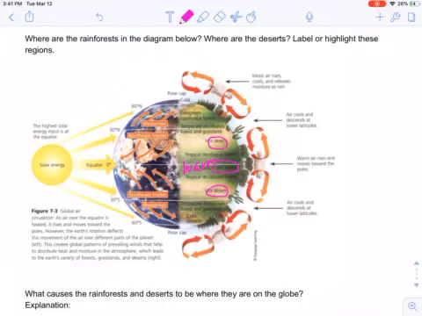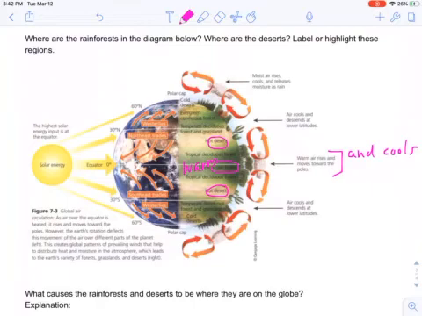When the land gets warm from the sun, it heats the air above it. That warm air rises. But as warm air rises and moves towards the poles, things happen. Warm air rises and cools. When air cools, it releases the moisture that it's holding in the form of water vapor.